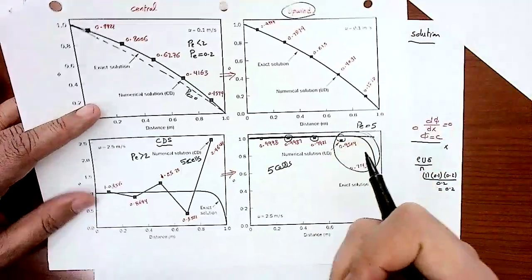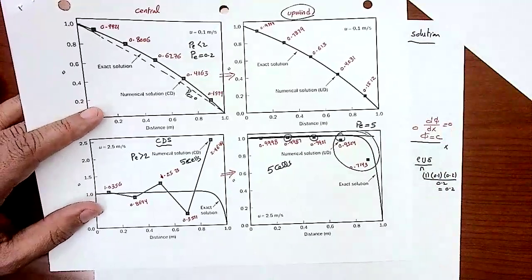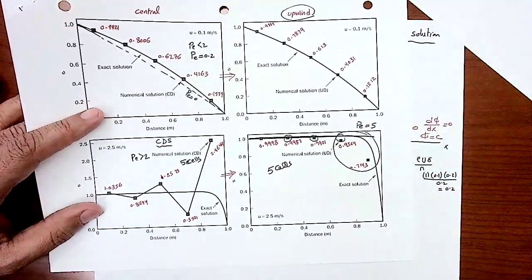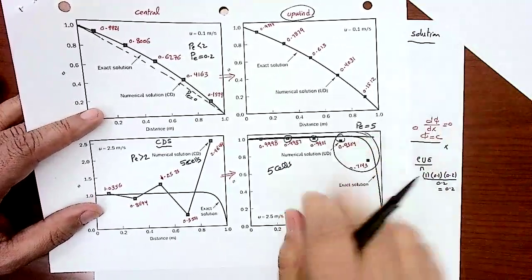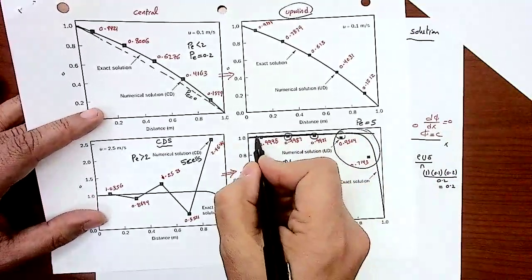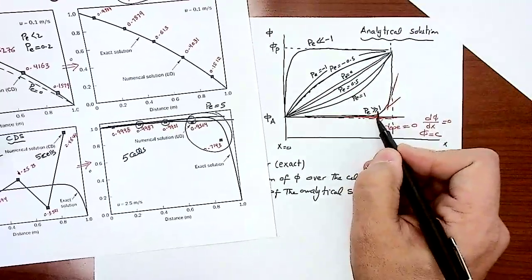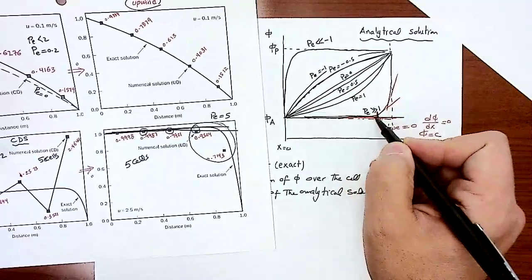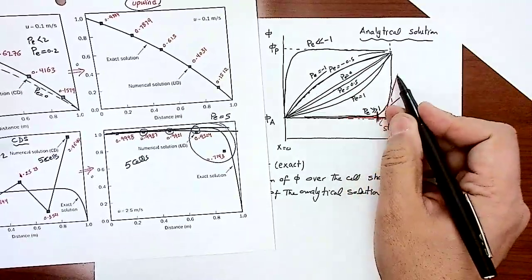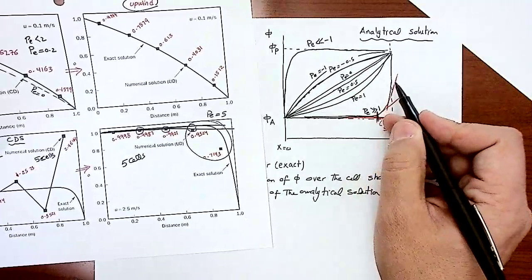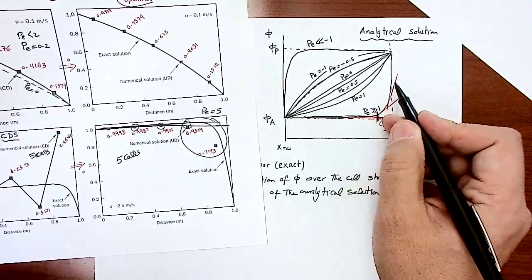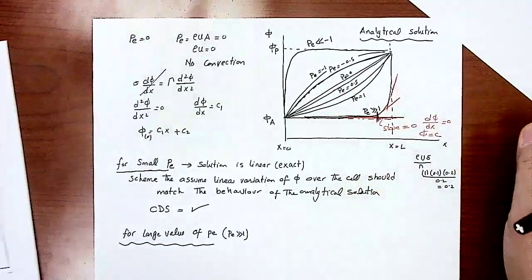This error is because we are getting the value from a single data point, not from 2 points, so the accuracy is less. But still, if I fit these data points, I may get a linear solution here, which is close to this one. As soon as the exact solution deviates in slope, you cannot assume the property is constant. I can no longer assume that.